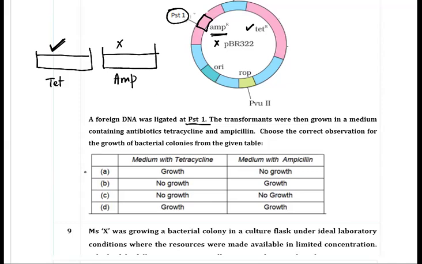In the first, in tetracycline medium it will grow and in ampicillin it will not grow. So this one is correct. No growth in tetracycline and growth in ampicillin is wrong. The second one is also wrong, so the correct answer is A. The growth will take place in tetracycline medium and not in ampicillin because of the insertion of the alien DNA, the insertional inactivation.